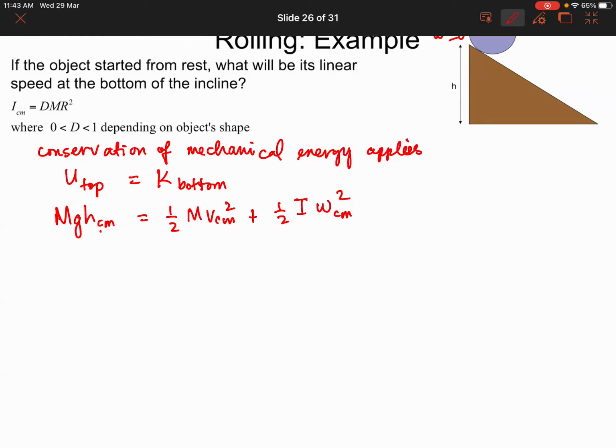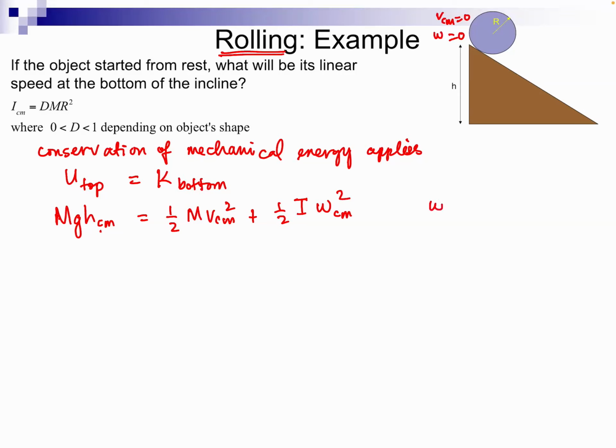As I've said previously, in rolling motion we always have to express the angular speed in terms of the linear speed, because during rolling, angular speed is related to linear speed.